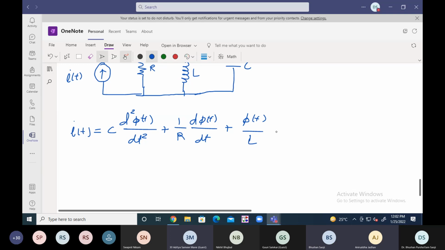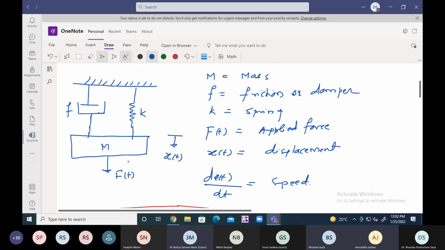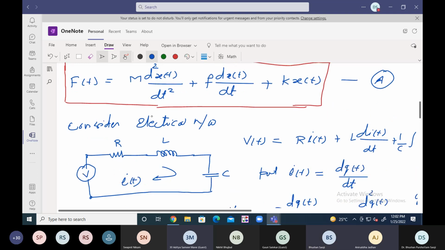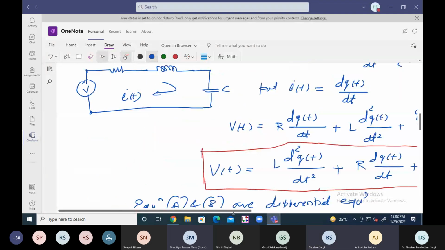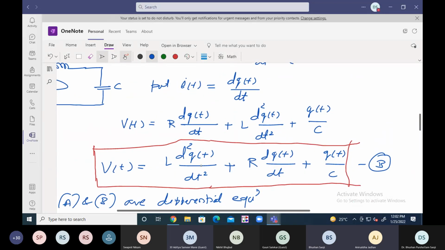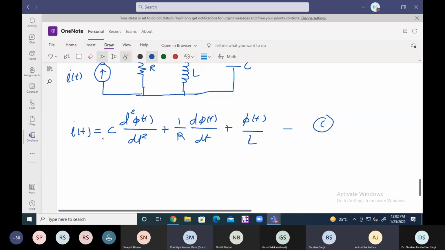Let us say this equation is C. Now see, equation A is a mechanical equation, equation B is a voltage equation in electrical circuits, and equation C is a current equation for electrical circuits.